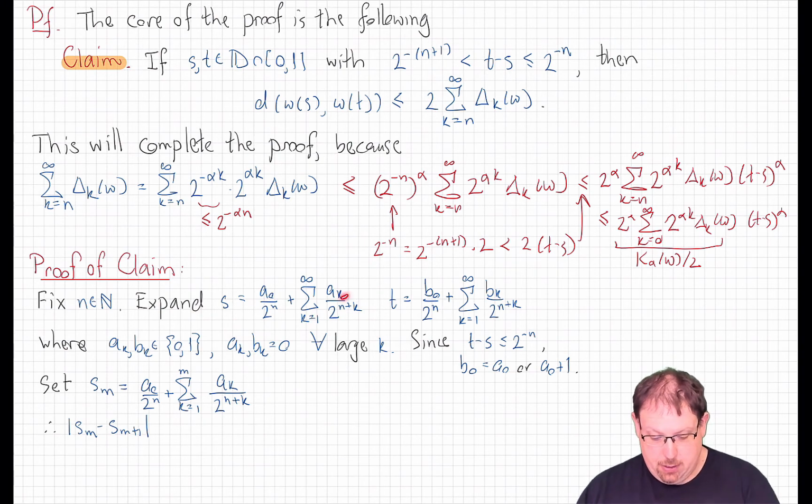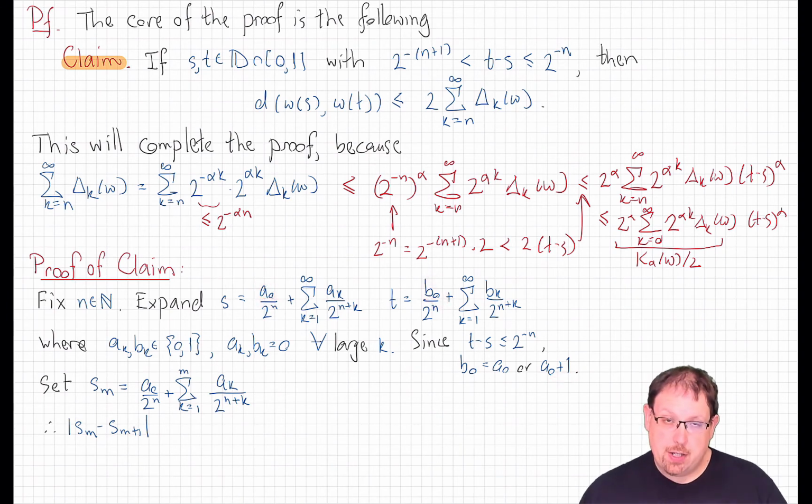That means that these terms a_k and b_k are all either 0 or 1 for every k, and they're both equal to 0 for all large k. Moreover, since t minus s is less than or equal to 2 to the minus n, as we noted, that must mean that the initial integer parts differ by at most 1.